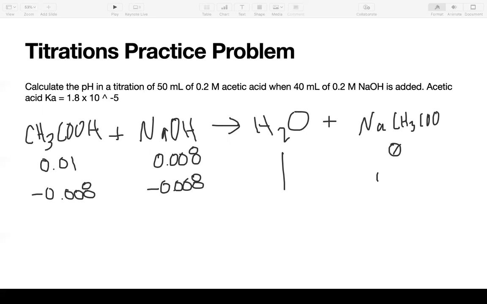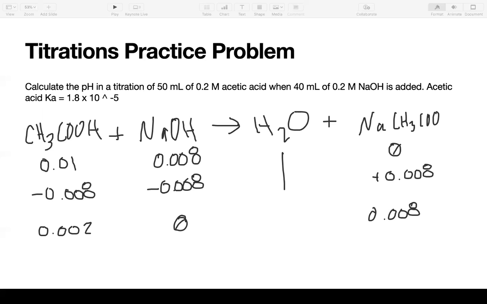And on this side, we have an increase of 0.008. So we're left with 0 of our sodium hydroxide. We have 0.008 of our sodium acetate. And lastly, we have 0.002 moles of our acetic acid.